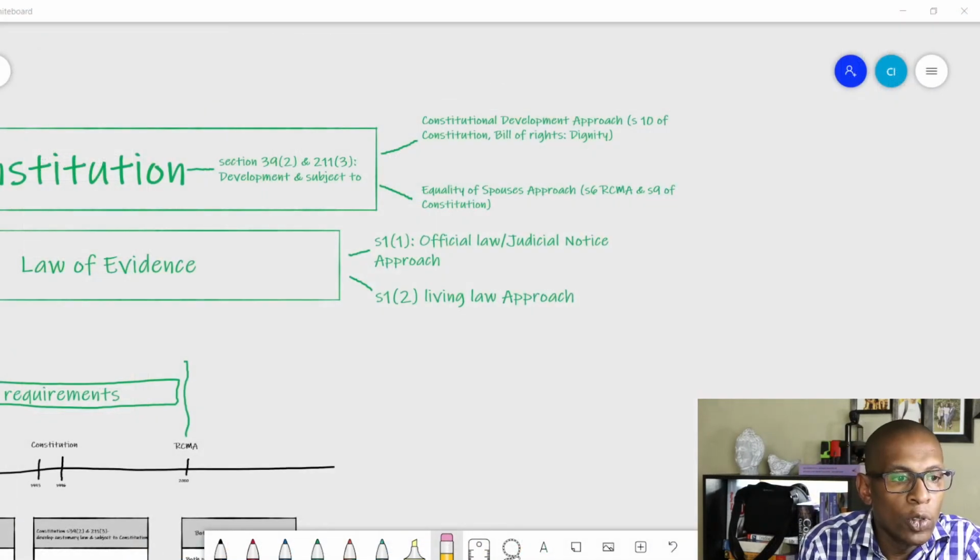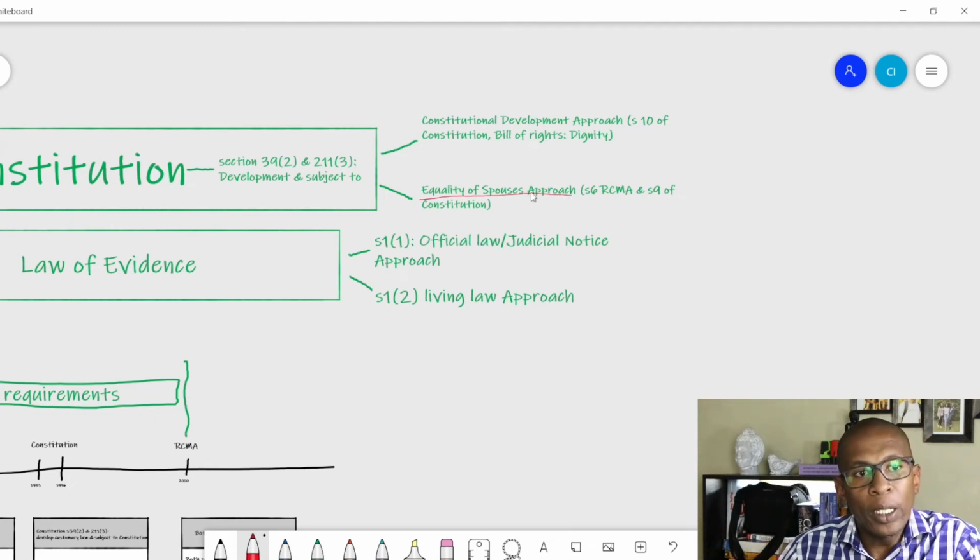So you'll notice that from a constitutional perspective, the equality of spouses approach has also come in, where literally within the Act itself, the RCMA Section 6, equality of status and the right to contract and those kinds of things is guaranteed to both husband and wife.